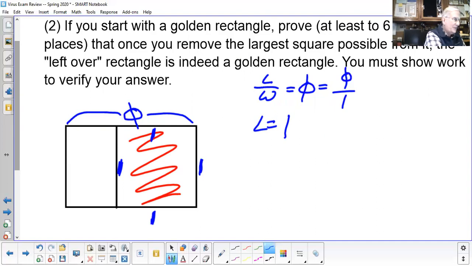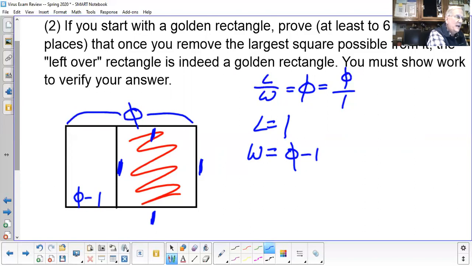What's the width of the little golden rectangle? Well, it's the distance phi subtracted by 1. So in other words, this is phi minus 1, right? Now, what would the length compared to the width be in this figure?